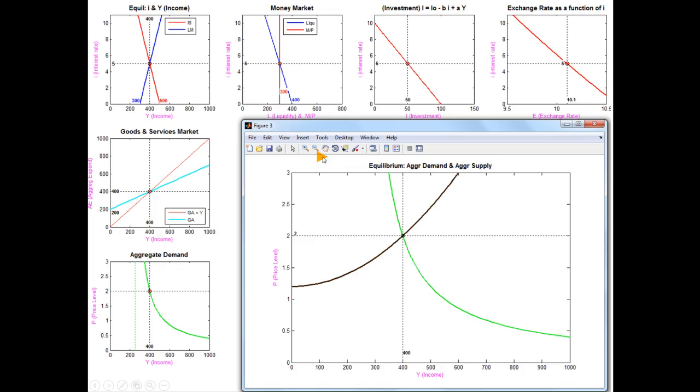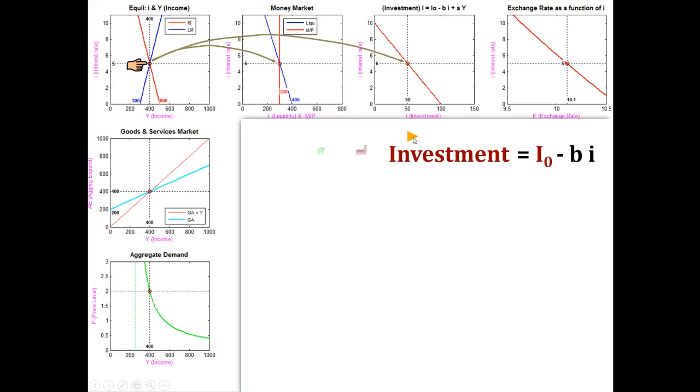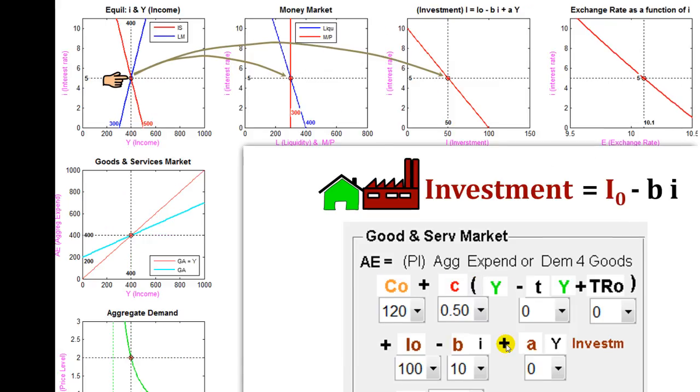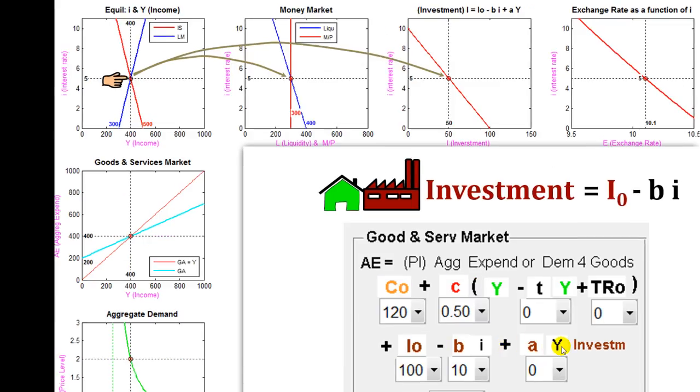So we transfer the information from here to here. Now we can easily transfer the information from here to here. We are not going to do a separate video for that because it's really straightforward. We saw that investment is this, because in general we should add A times income, but for the time being A is 0, so this is the expression that we are using for investment.